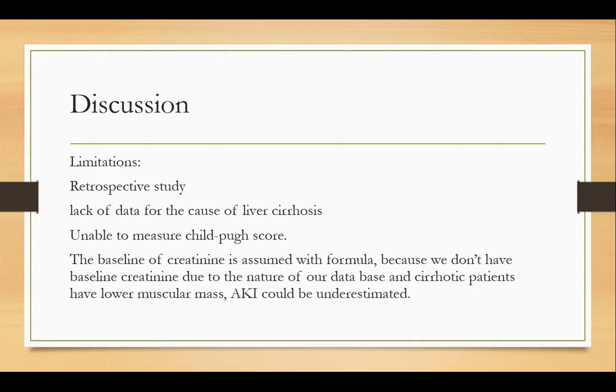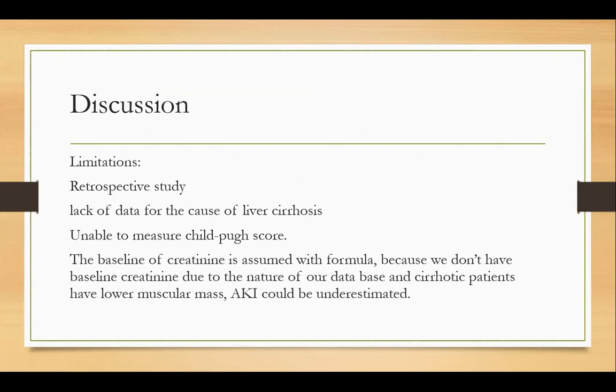The second thing is our patients are older than the Western population. I'm talking about liver cirrhosis. So our patients are older and have more comorbidities and more chronic medical diseases, while in the Western area the most common cause was alcoholic consumption, and the patients are younger.